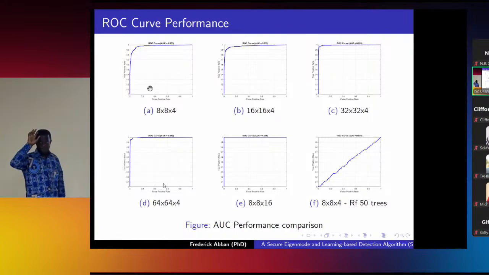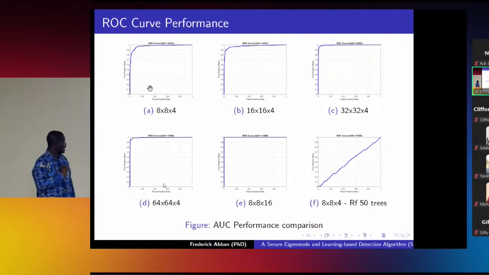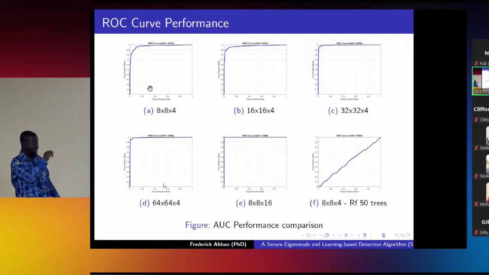And when we went, and I'll be coming there, to 8 transmitters, 8 receivers, 4 eavesdropper nodes, just like scenario A, however, with 50 trees, we went beneath the 0.5 threshold, which is not good at all. So we noticed that when we have more random forest trees, it performs better.